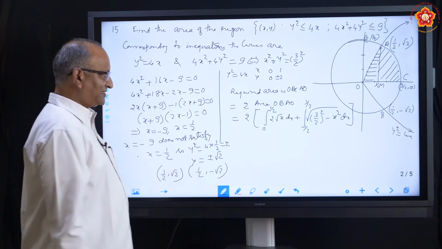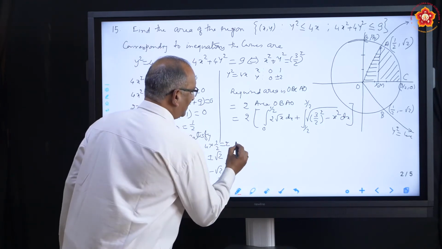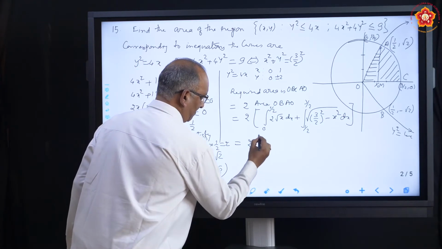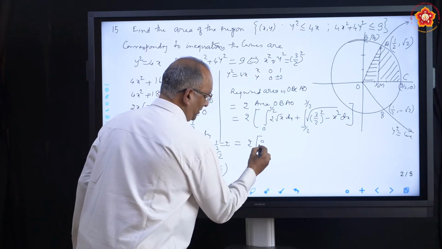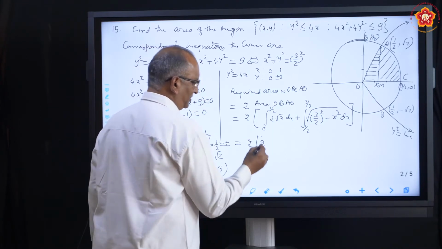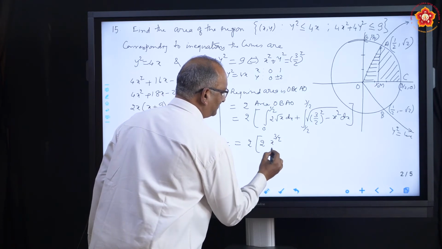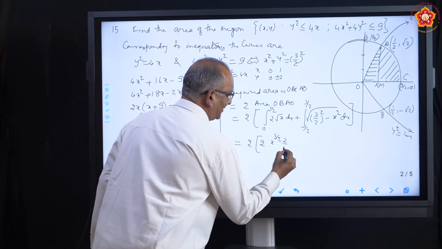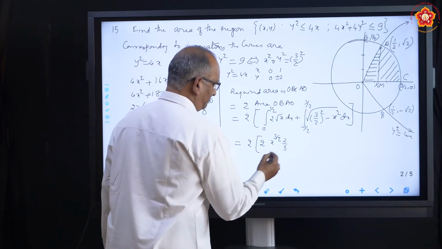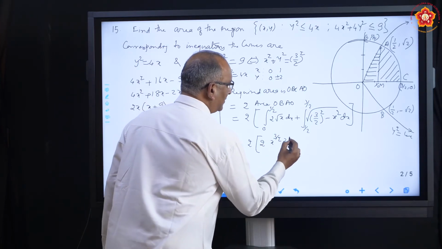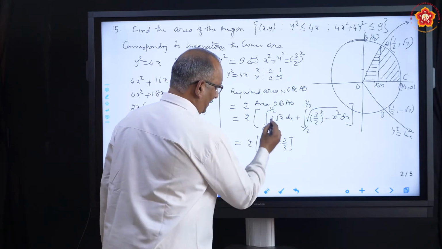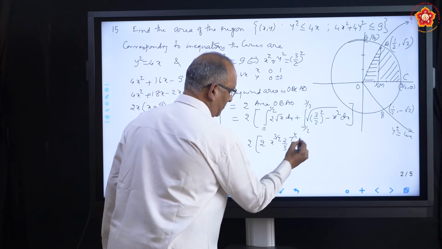As far as first one is concerned, it is very simple. 2 into x to the power half, so it will become x to the power 3 by 2 by 3 by 2. So you can say 2 by 3. The limits are 0 to half.